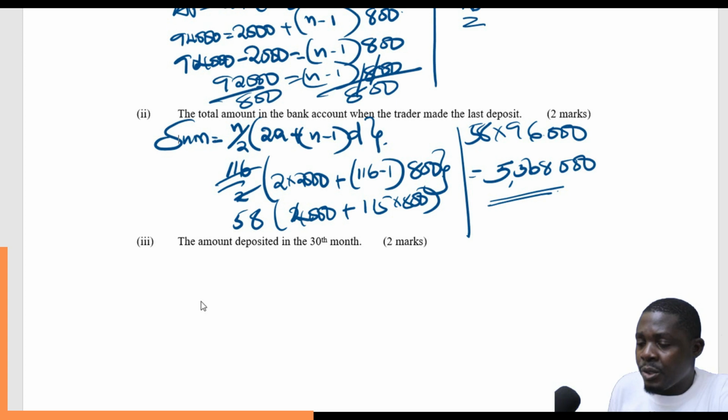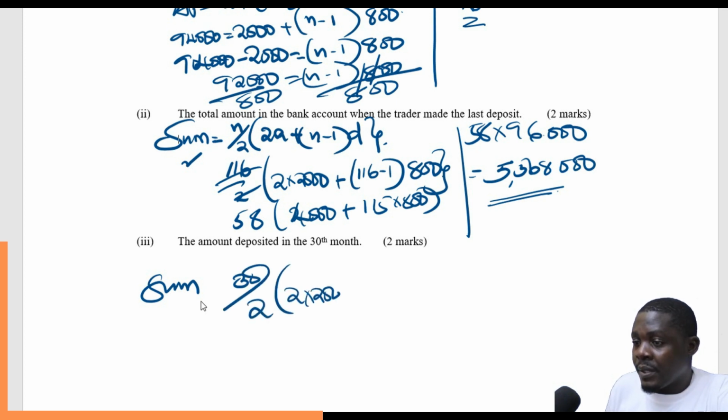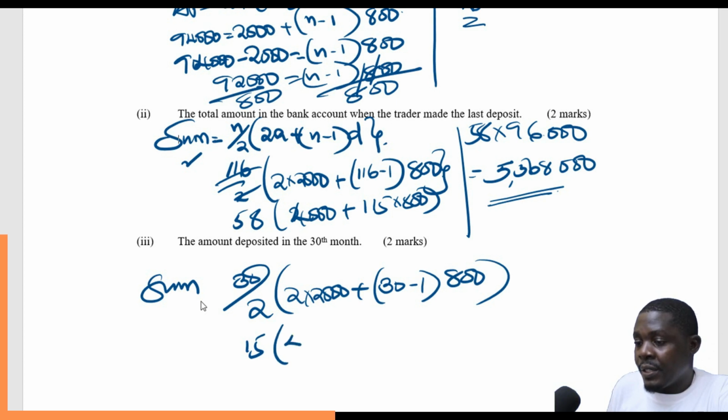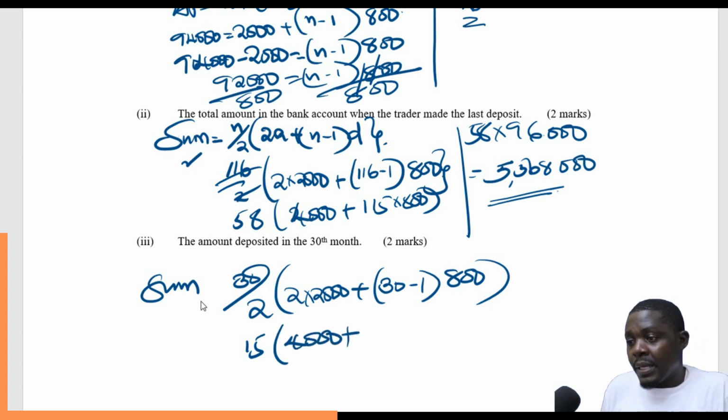Then the total amount deposited in the 30th month. We are using the same formula for the sum. N is going to be 30, so 30 over 2 into (2 multiplied by 2,000 plus (30 minus 1) multiplied by 800), which is 15 into 4,000 plus 29 multiplied by 800.